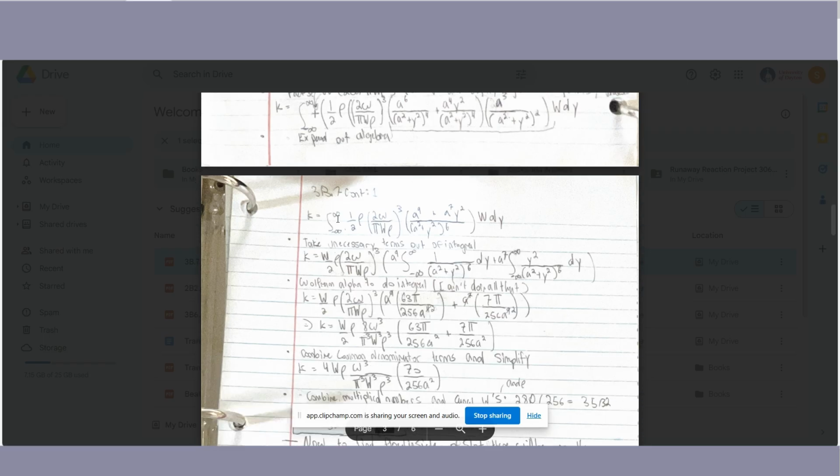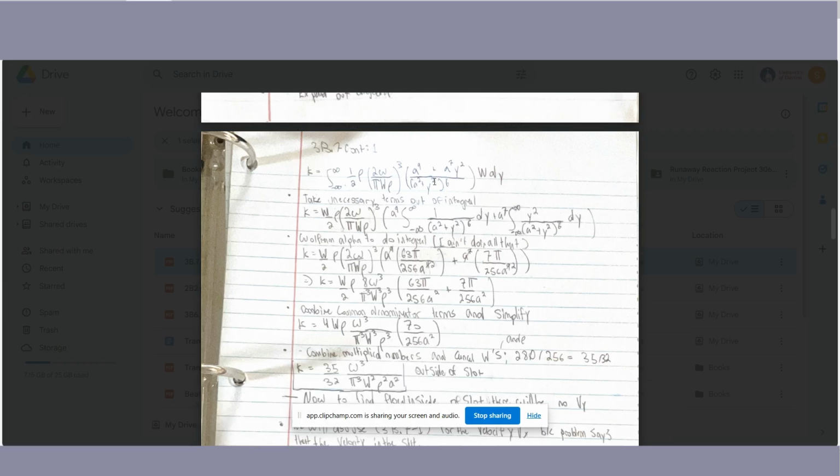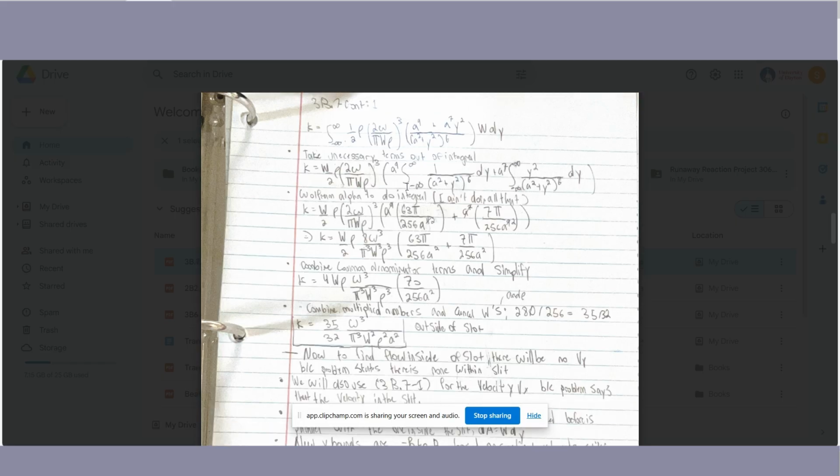So you could put this out front of the integral here. Oh wait, no, I do it right here. And I also factor out a to the 9th to make it simpler. You can factor it out because it doesn't have to do with y, and you can just divide it out.